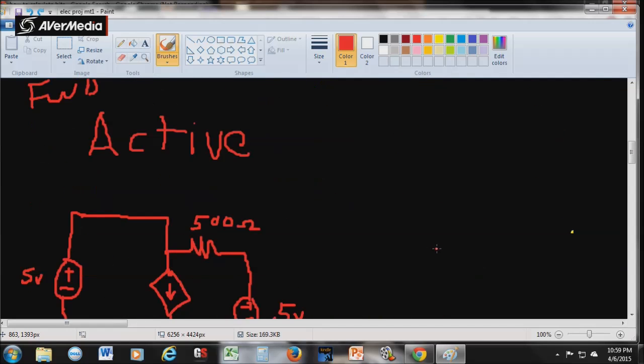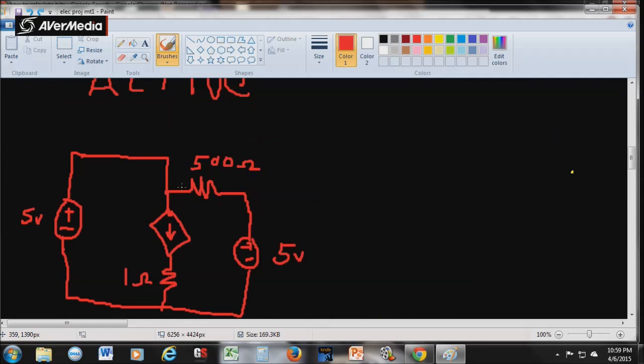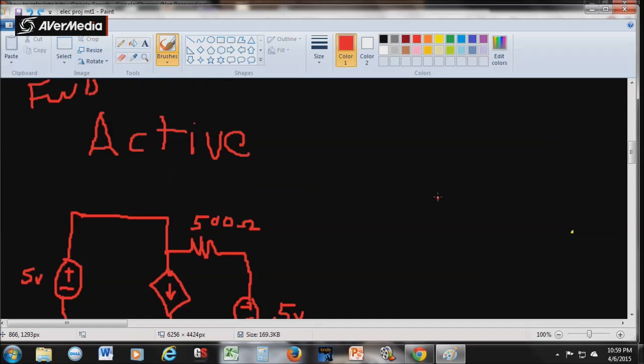Continuing on with the forward active, to test whether it's in the forward active region, we check whether IB is greater than 0 and whether VCE is greater than negative 0.02 volts.